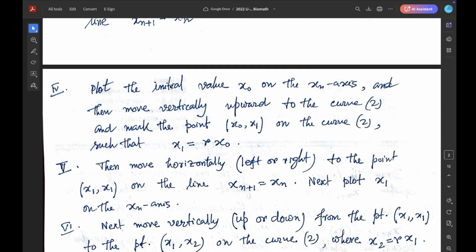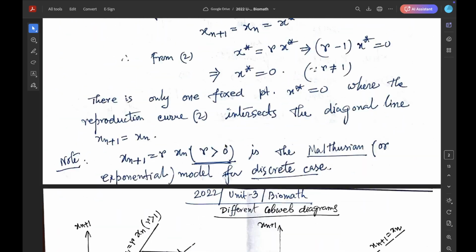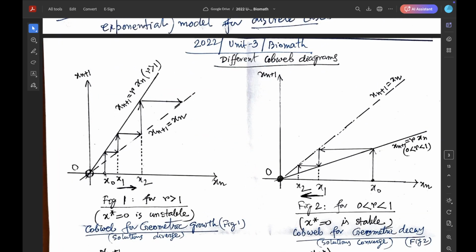Next, step 4. Plot the initial value x_0 on the x_n axis and then move vertically upward to the reproduction curve, and mark the point (x_0, x_1) on the curve such that x_1 = r x_0. So choose this initial value x_0 arbitrarily.